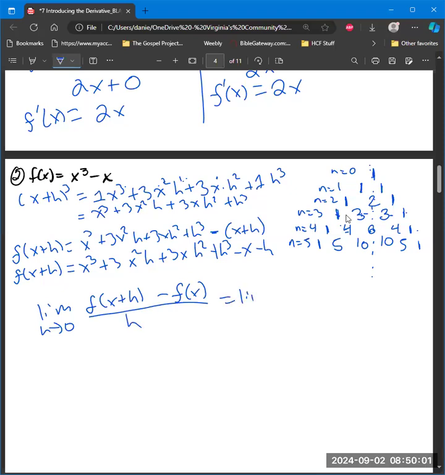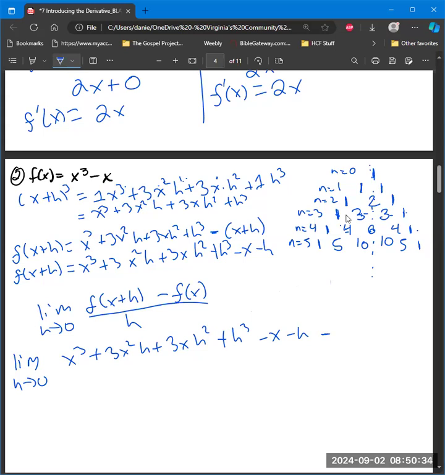It's going to be the limit as h goes to 0 of x cubed plus 3x squared h plus 3x h squared. Actually, I'm going to need a lot more room, so let's not write that on the same line. Let's come down a line: limit as h goes to 0 of x cubed plus 3x squared h plus 3x h squared plus h cubed minus x minus h.